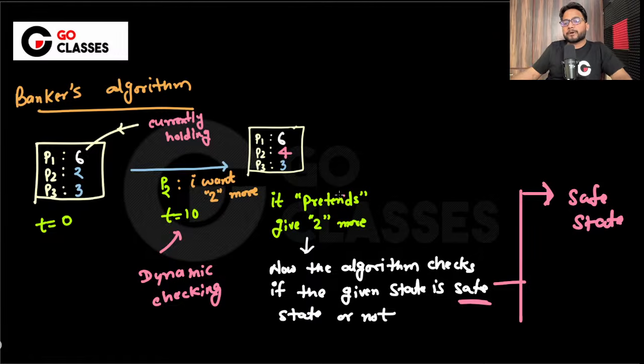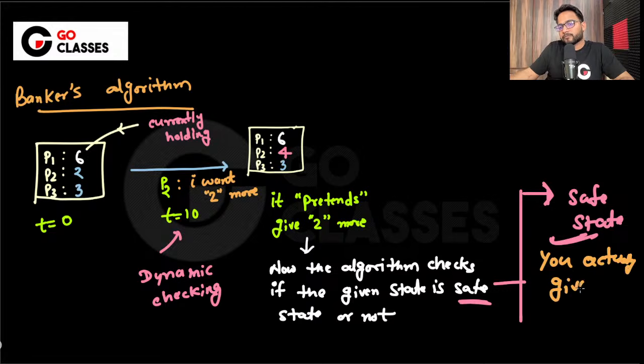Then instead of just pretending, you actually give. You, meaning the Banker's algorithm or the operating system, whatever you like to call it, actually give those two more. Suppose it could be the case that it results in an unsafe state.